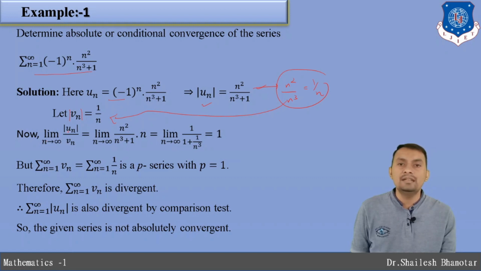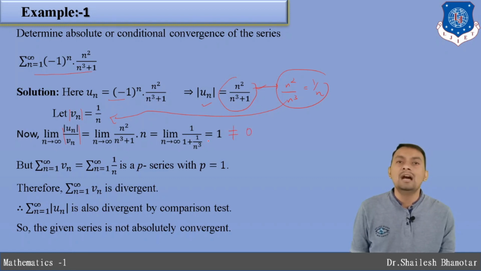Limit as n tends to infinity of mod Un divided by Vn, that is n square divided by n cube plus 1, divided by 1 by n. Taking n cube common in the denominator, it cancels out and you will have 1 divided by 1 plus 1 divided by n cube.